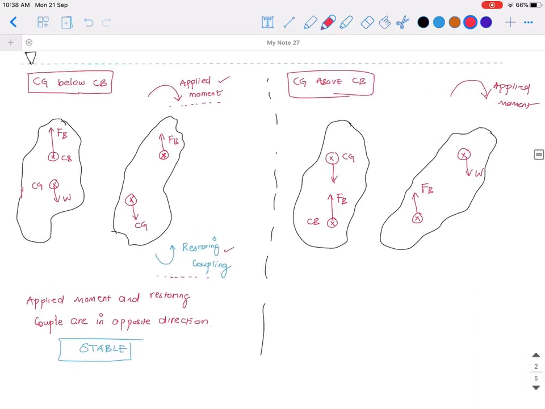As a result of the tilt, you can see the forces are arranged in such a way that the net couple is actually an overturning couple. So instead of bringing this body back to equilibrium, the overturning couple will move it further away from this equilibrium. So this is unstable.